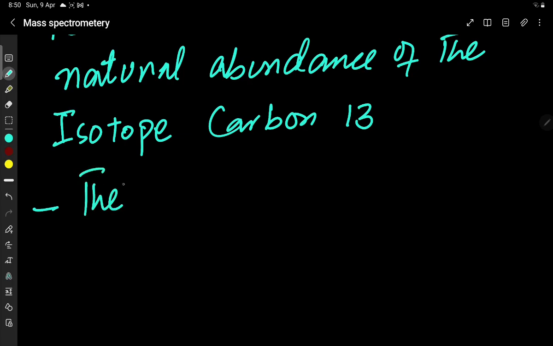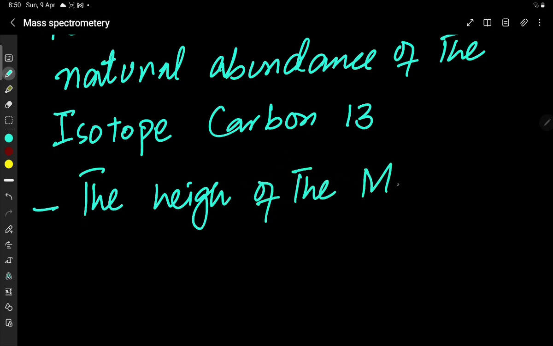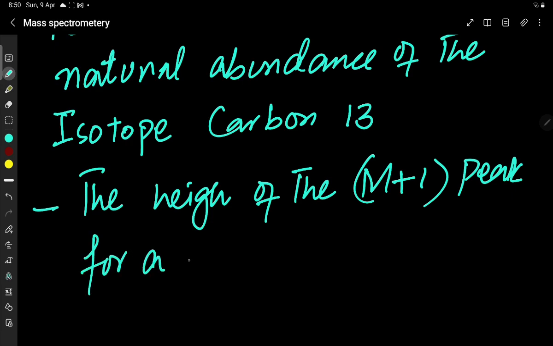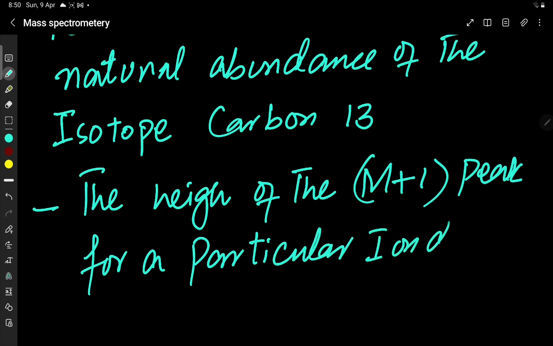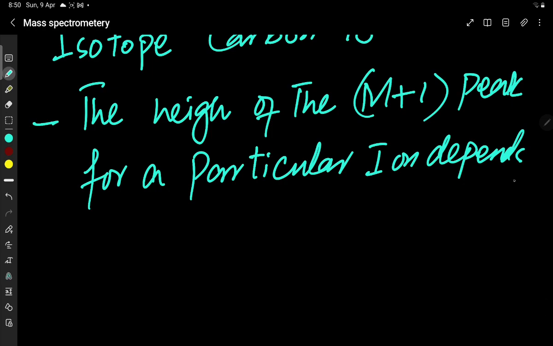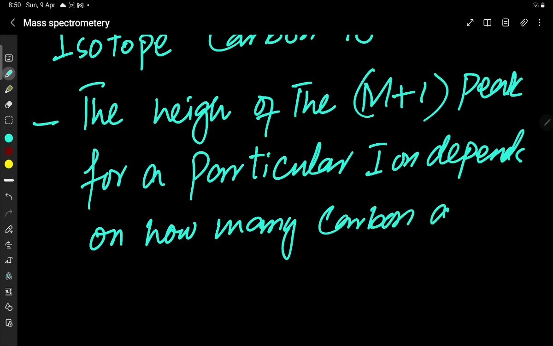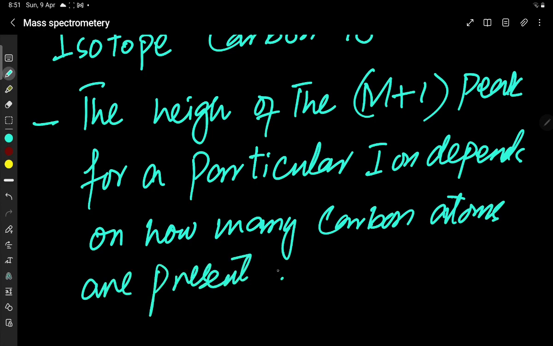The height of the M plus 1 peak for a particular ion depends on how many carbon atoms are present in that molecule.